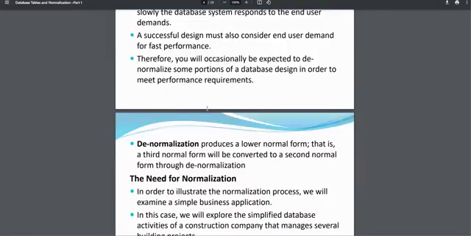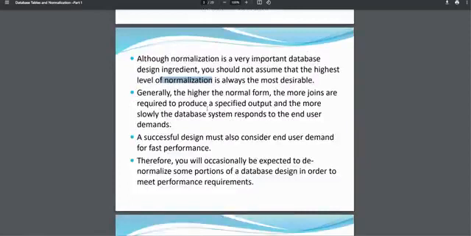We mentioned that normalization is important to reduce redundancies in a database. It will formalize the data by going through the normalization stages, so we can normalize data in databases.